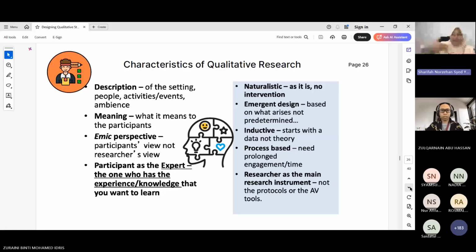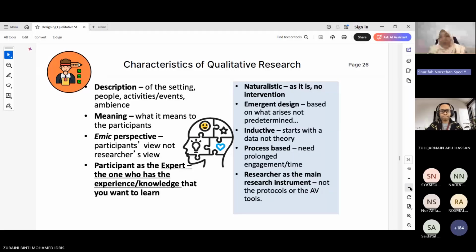It's not from you, it's from the participants. Even though the literature review says these are the meanings of muhasabah, you want to know what other people understand about the meaning of muhasabah. That's what you are going to share inside your thesis.